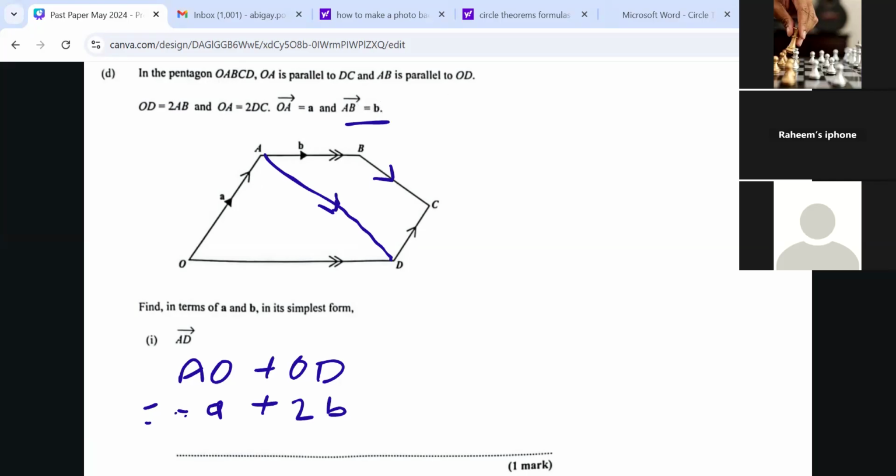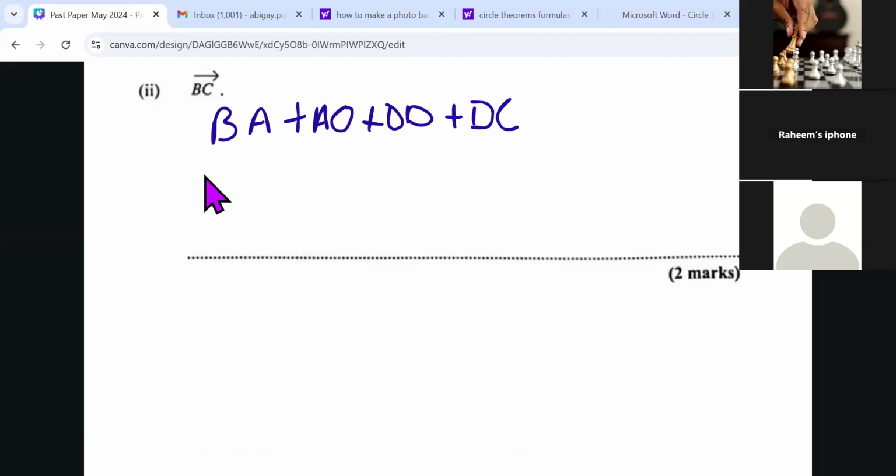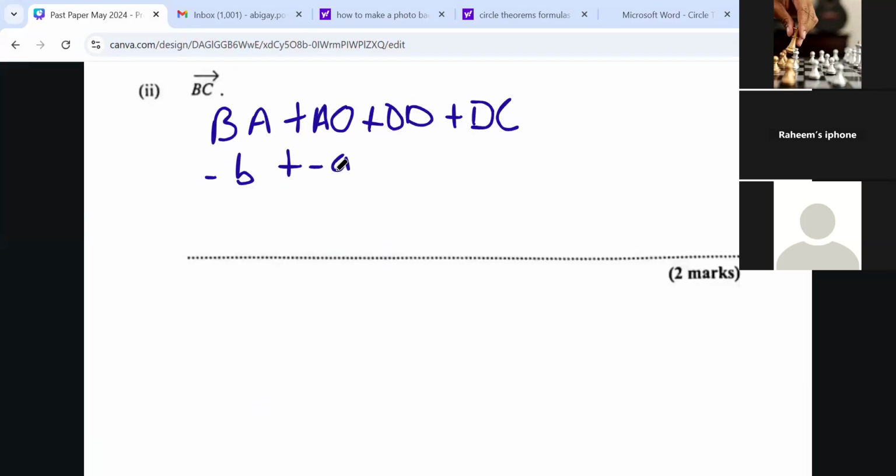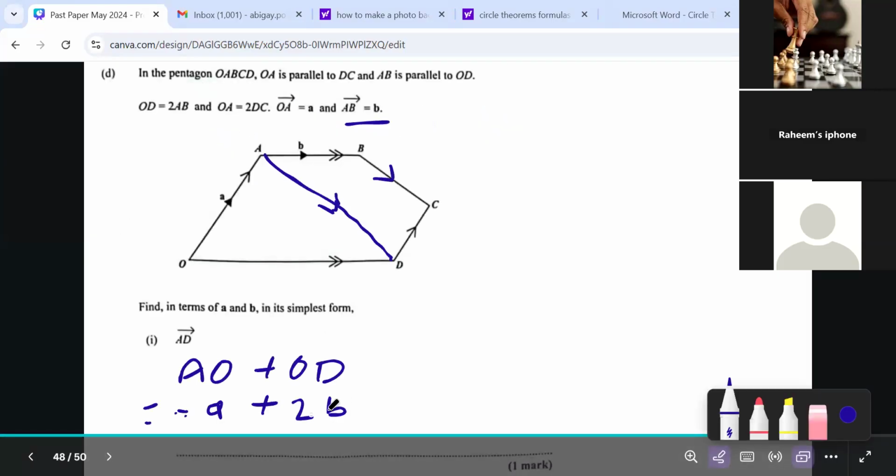There we go. So BA is B, but because it's going in the opposite direction, the B is going to change to negative B. OA, as we acknowledged, was negative A. OD was 2B.